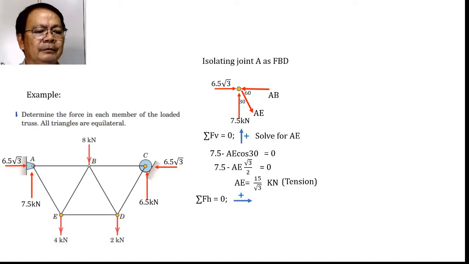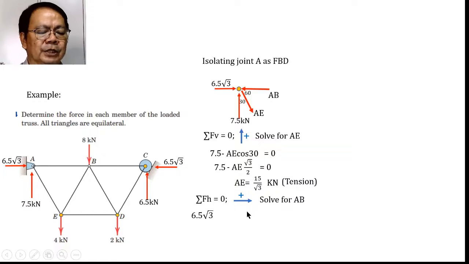Assuming that rightward direction is positive, from here we can solve for AB. What shall we have? We have 6.5 minus the horizontal component of AE plus the horizontal component of AE minus AB equal to 0.